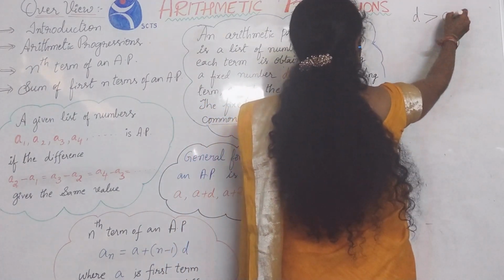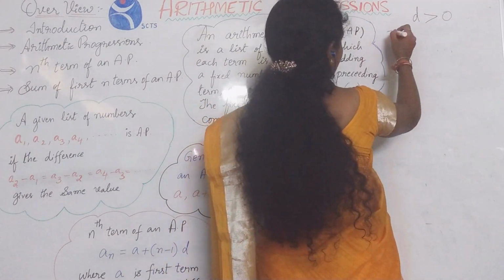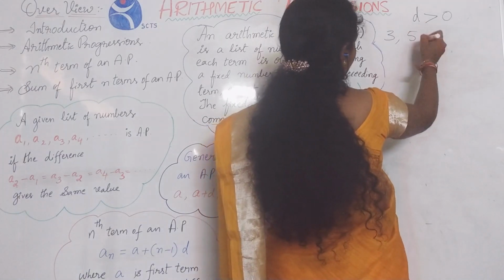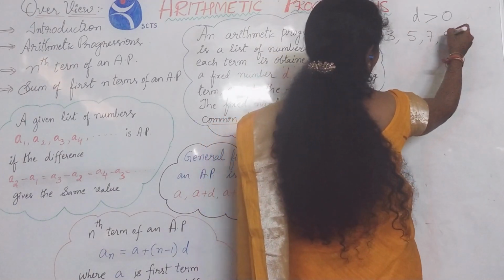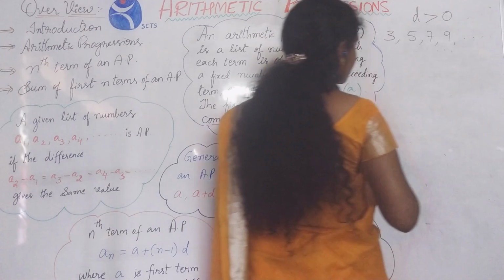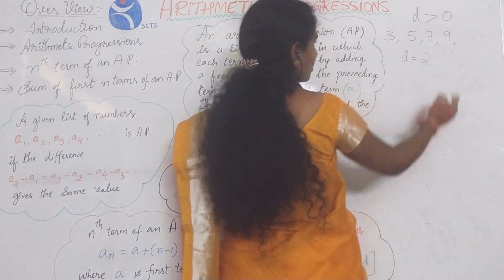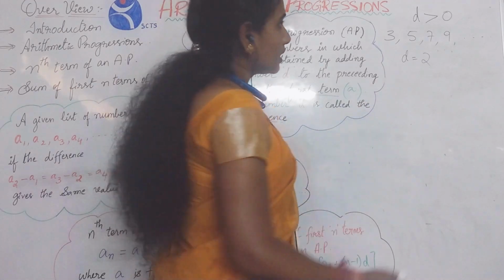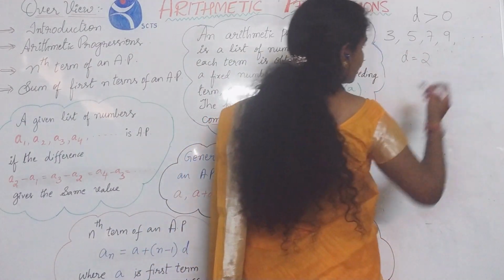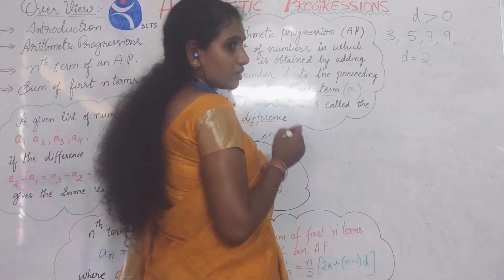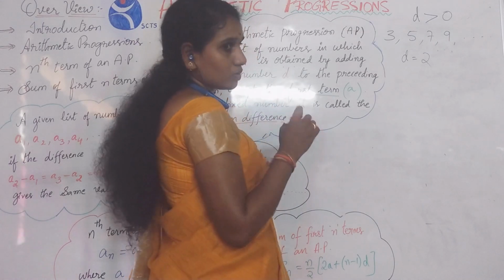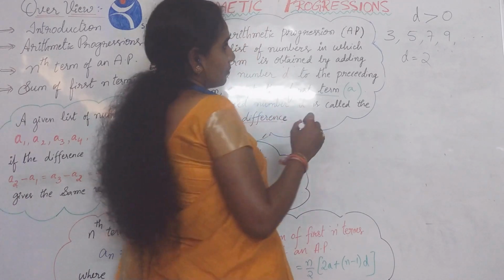For example, 3, 5, 7, 9, and so on. Here if you observe, d is equal to 2, which is greater than 0. That is the reason this AP is an increasing AP. So if d is a positive value, you get an increasing AP.